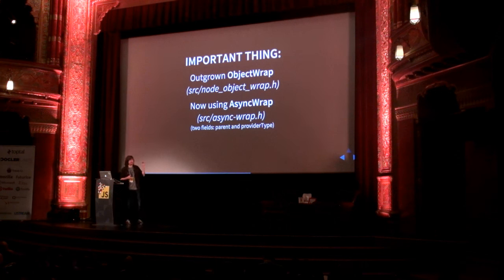And parent could be another AsyncWrap, and says how this AsyncWrap instance that you're looking at was created. For example, if you have an HTTP server and in the request handler you do an asynchronous fs write, it will create a new AsyncWrap. And this AsyncWrap for fs.write will have an HTTP request as its parent.